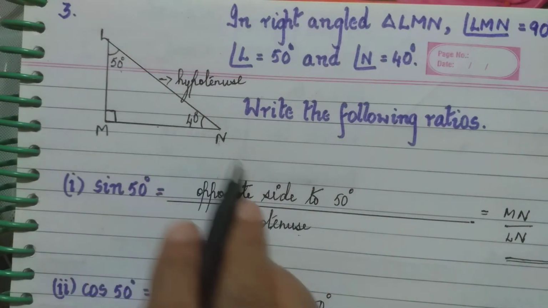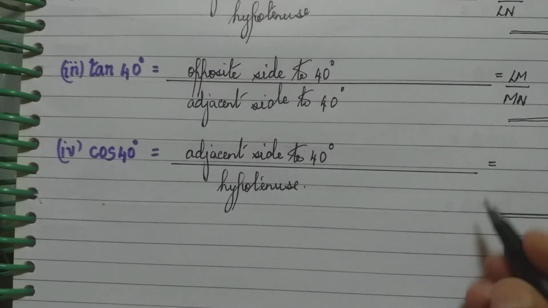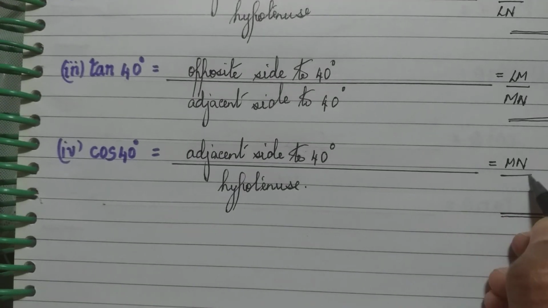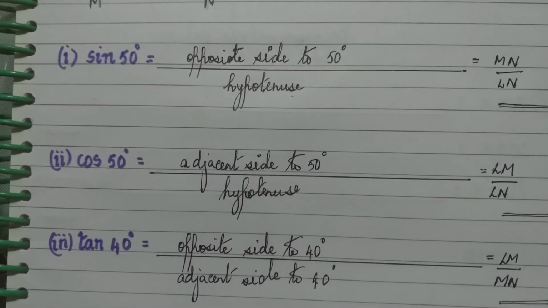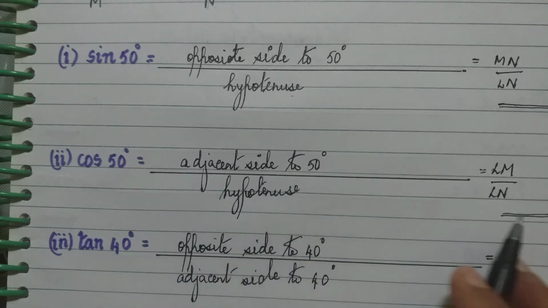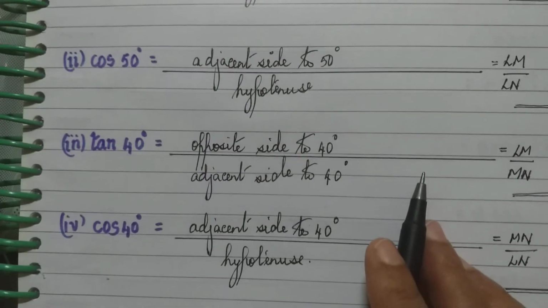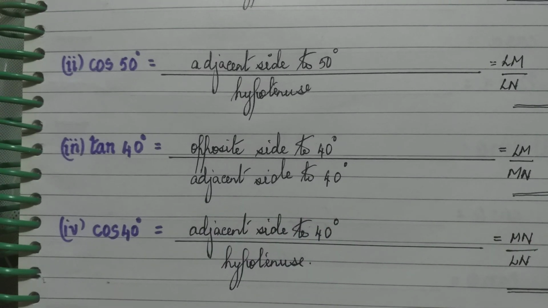So MN upon LN. So here I write MN upon LN. So here we have all the four trigonometric ratios: sine 50 degree, cos 50 degree, tan 40 degree and cos 40 degree.